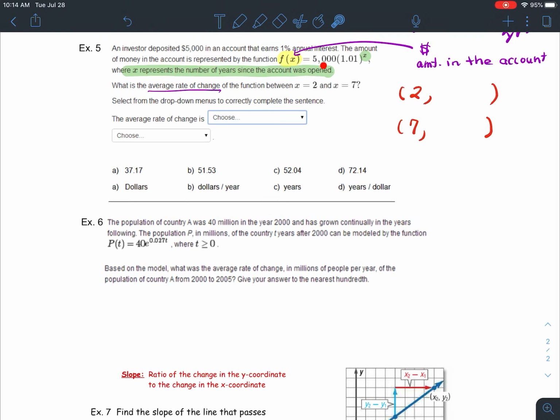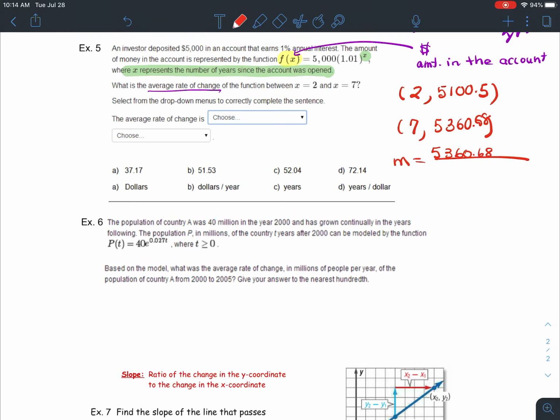If you go to your calculator, type this in and plug 2 in for the exponent, you would end up getting 5,100.5. And if you went back and did the same thing with the 7, you would end up getting 5,360.68. Now we have our x and our y values.